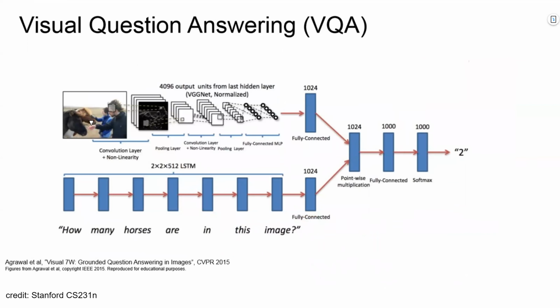And we need to encode two pieces of information. The first one is the image. We need to encode the image first, and we also need to encode the question itself. And after that, we can pass this encoded information to a fully connected layer and do some softmax, and we can get the answer like this.